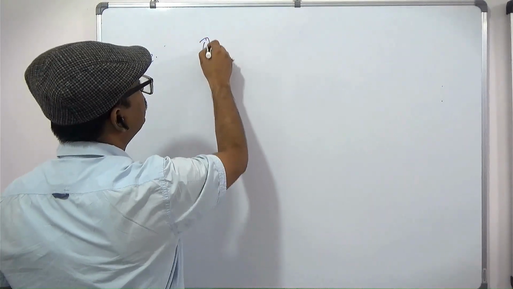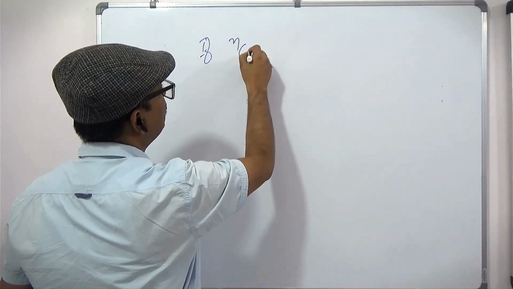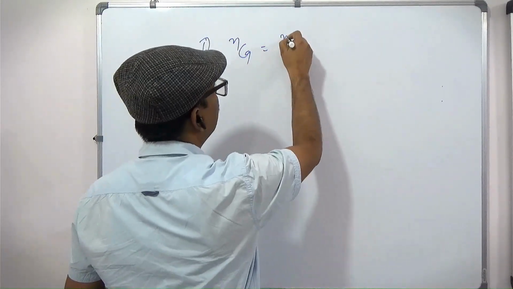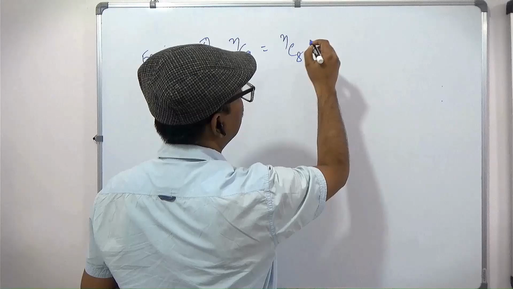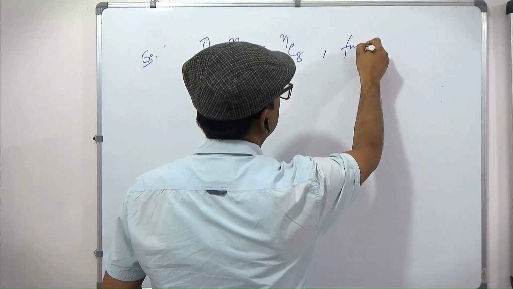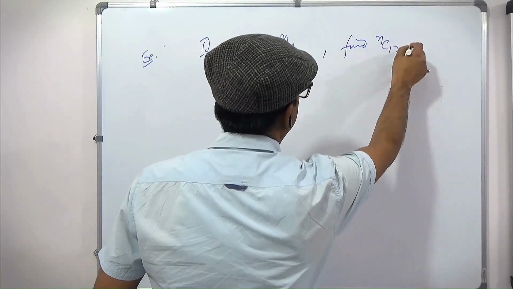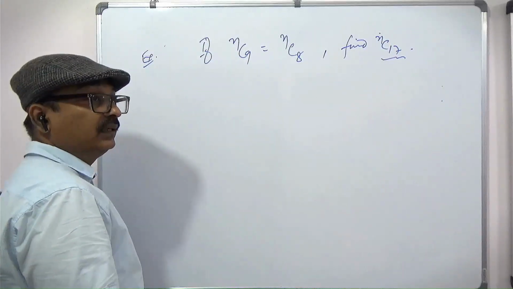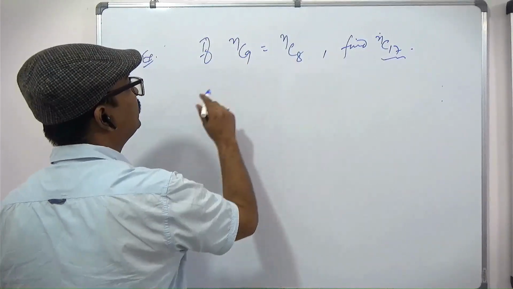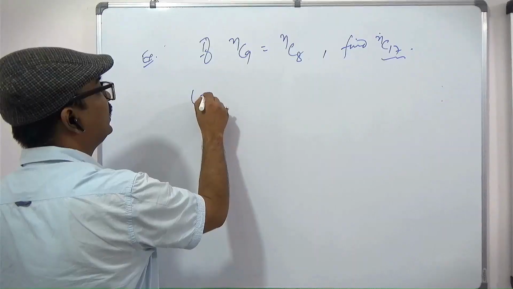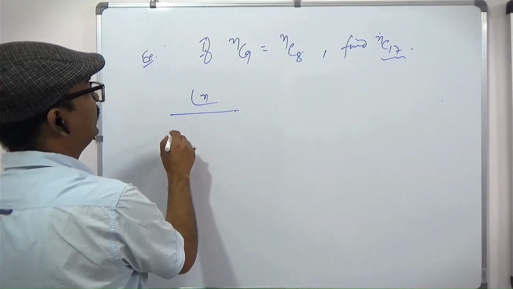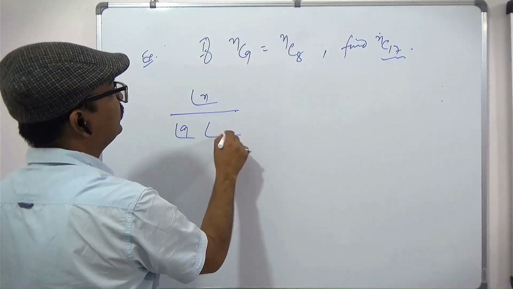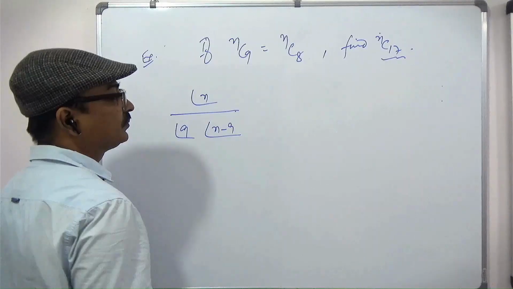The question is, if nC9 is equal to nC8, then find nC17. We can find nC17 only when we know the value of n. We'll find the value of n from here. So this is factorial n over factorial 9, factorial n minus 9.